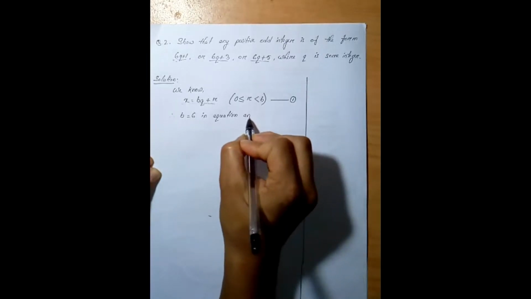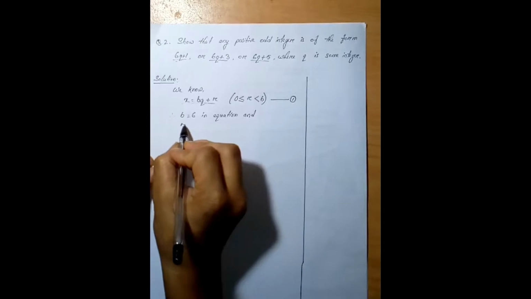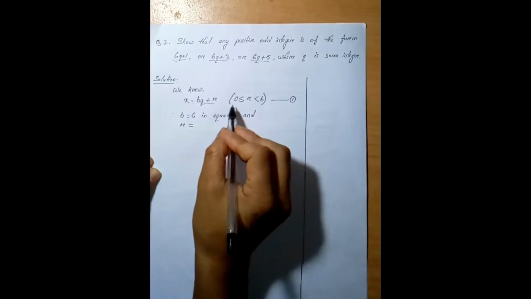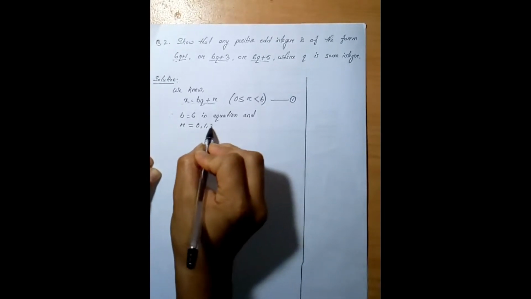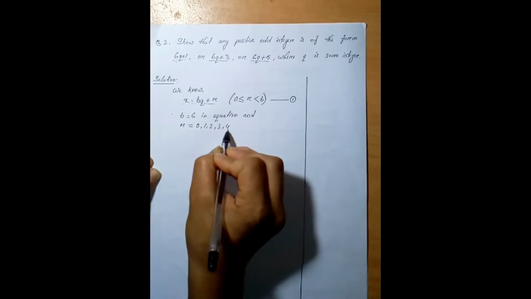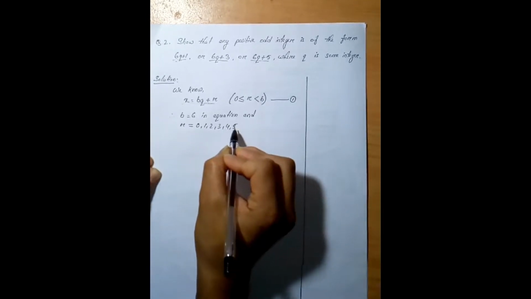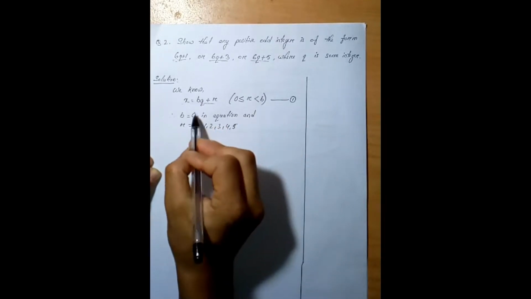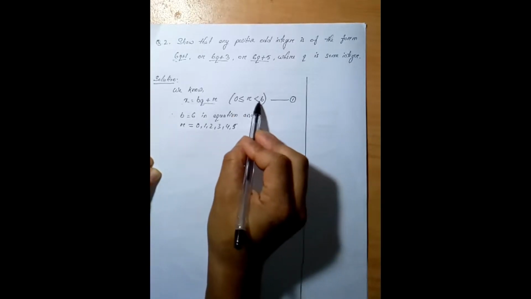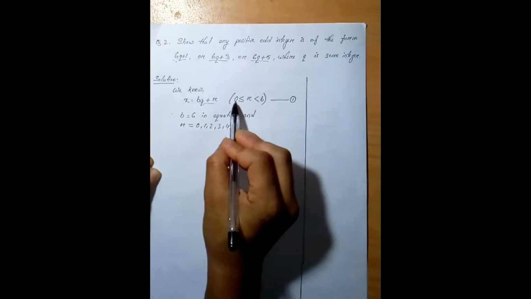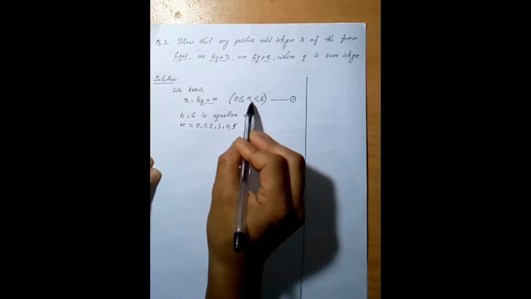And r's value will be from 0, 1, 2, 3, 4, 5, only till 5, because b is 6 and r has to be smaller than 6. It can be 0 also, and 1, 2, 3, 4, 5.